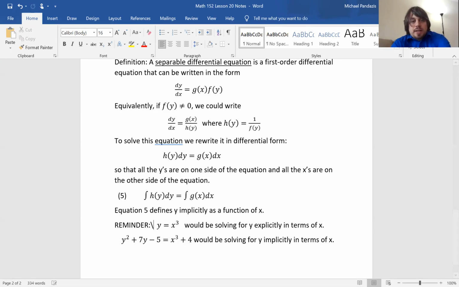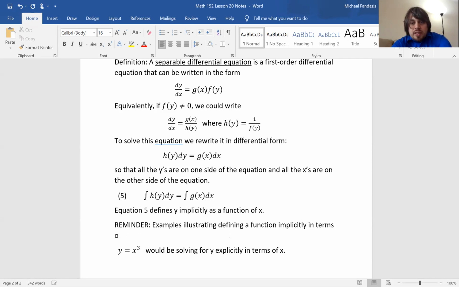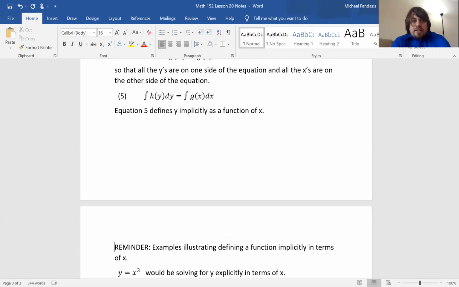These are just examples illustrating defining a function implicitly in terms of x, in case you're getting confused by this implicitly thing.